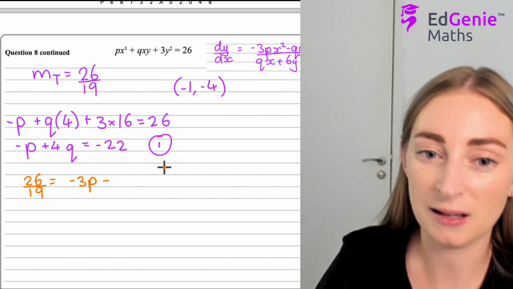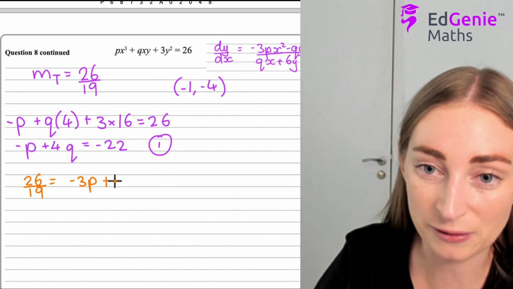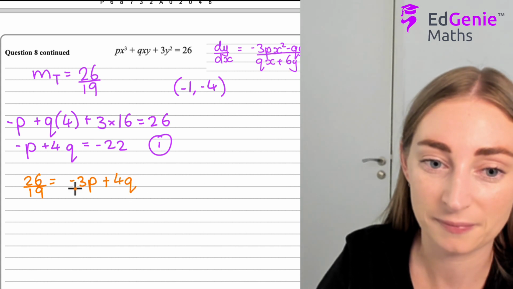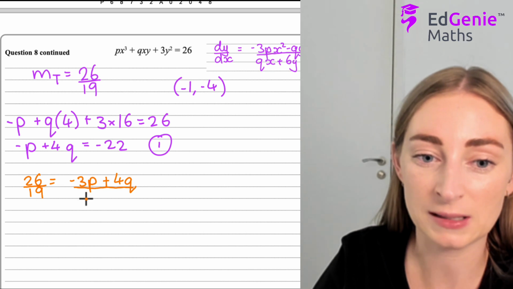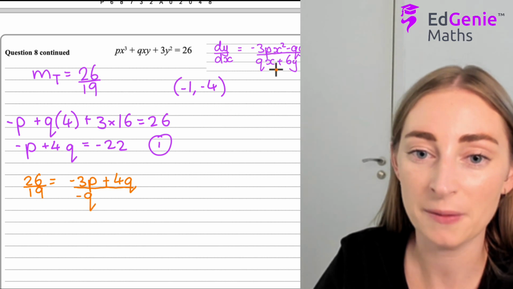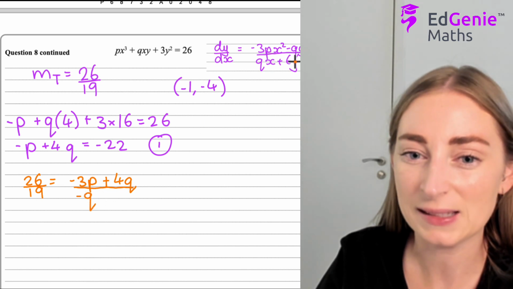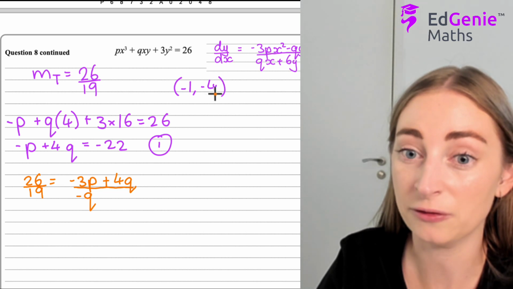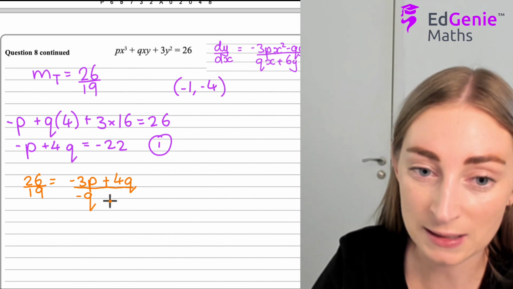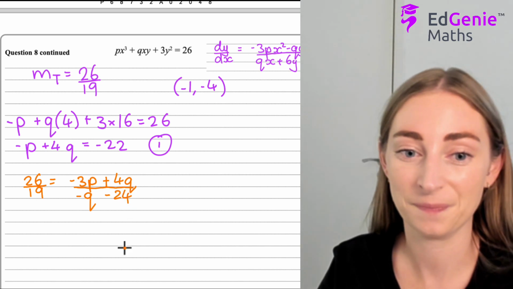So that's going to be actually positive 4q. q times -1, so it's -q, plus 6 times -4. Well, 6 times 4 is 24, so that's going to be -24.